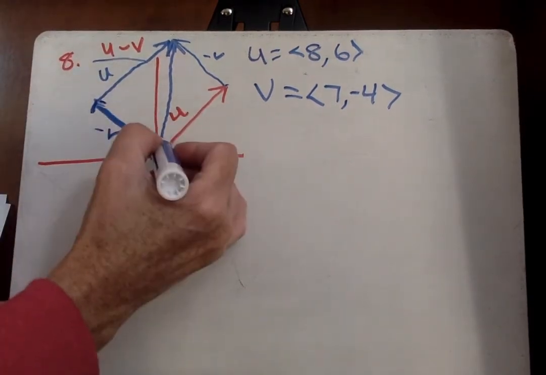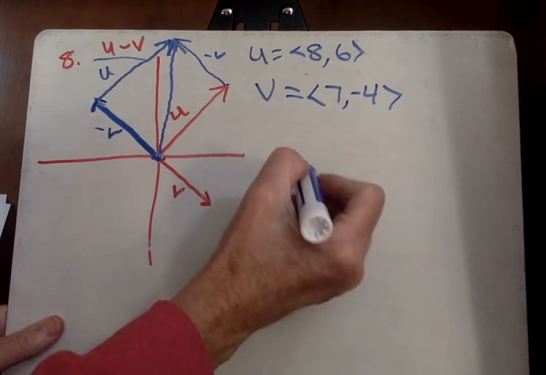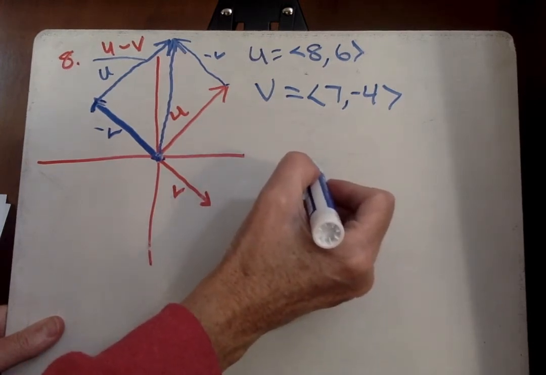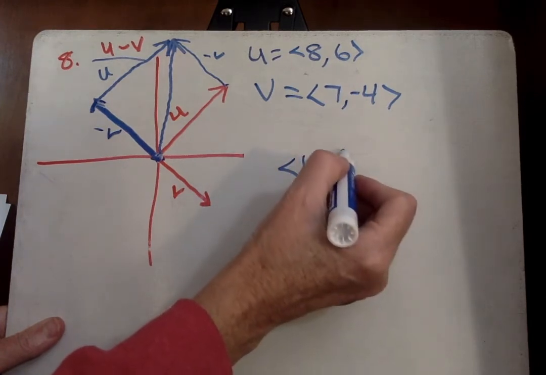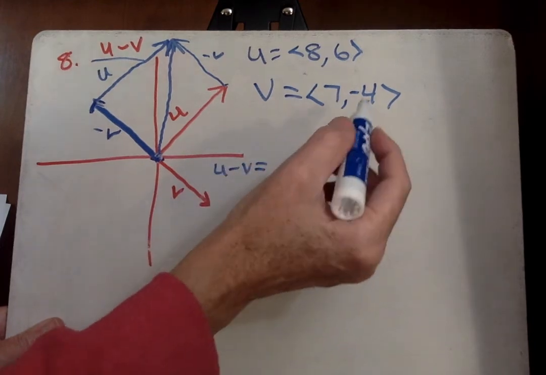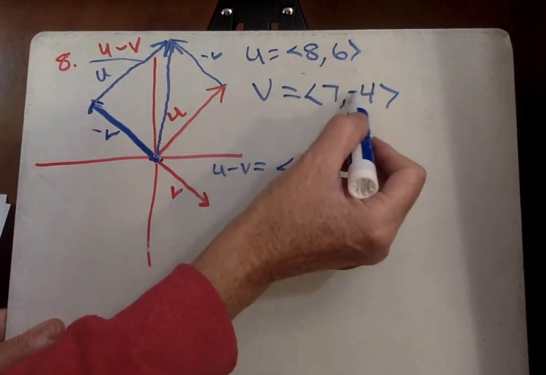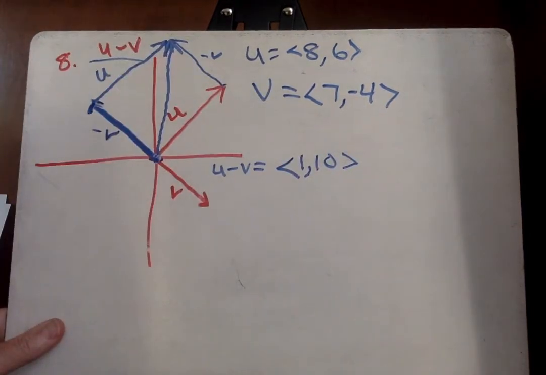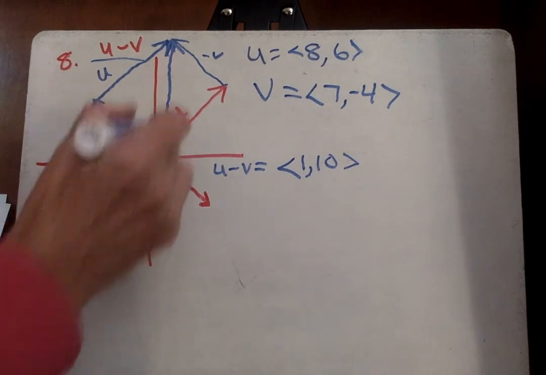Okay, u minus v is going to be at 1, comma, 10. So again, if I went 8 minus 7, I get 1. 6 minus a negative 4, I get 10. So that's a way to check ourselves and make sure it's correct.